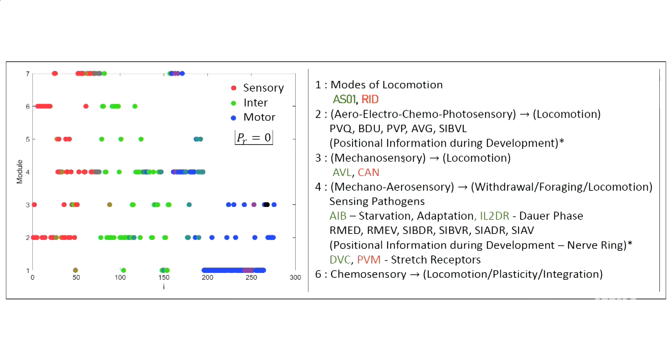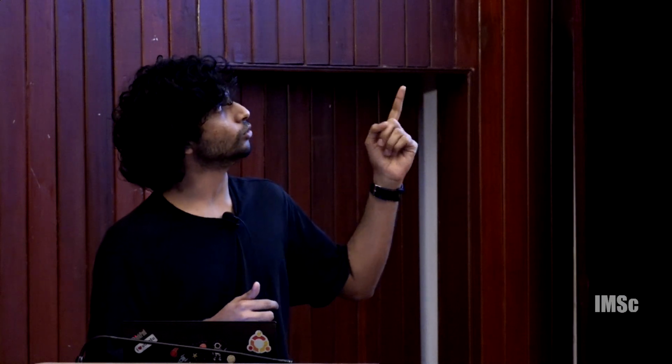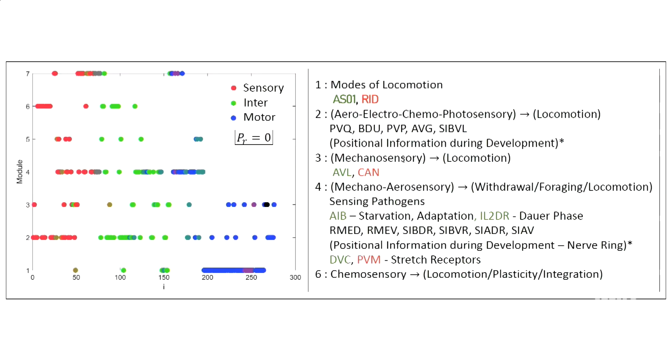For example, the first module is mainly driven by interneurons and motor neurons, and most of the activity associated with these neurons is locomotion. So very distinct patterns of locomotion are encoded in this module. There are some neurons which have been speculated to contribute to locomotion through different topological analyses, but there is no experimental evidence for it. And we find that they also happen to be in the same module.